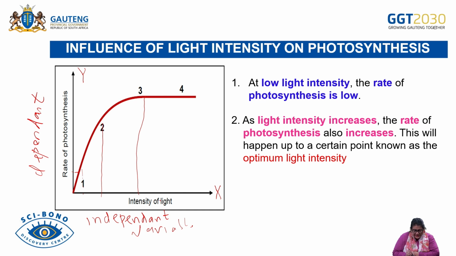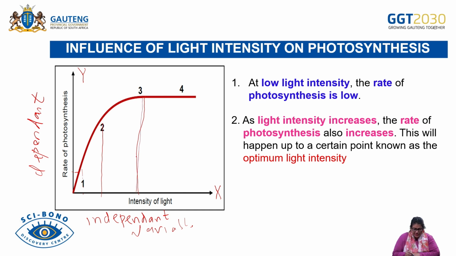But then, as I increase the light intensity further and further, I see that my rate of photosynthesis stayed constant. So it increased from 1 to 2 to 3, but between 3 and 4, my line graph remained stable. It reached a point of equilibrium. So what does it mean? Which one was the most suitable light intensity? The light intensity at 3.